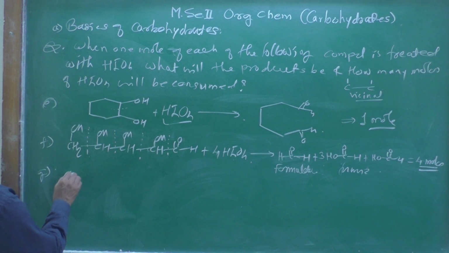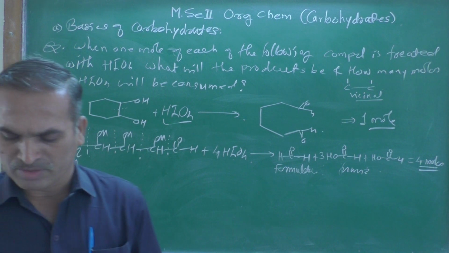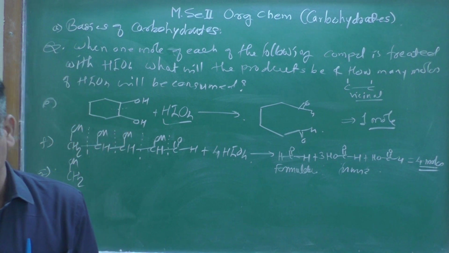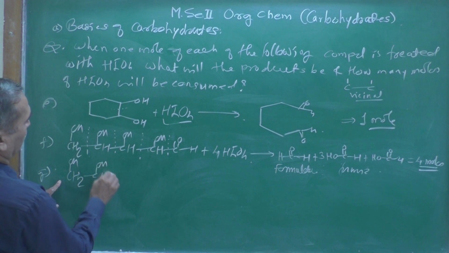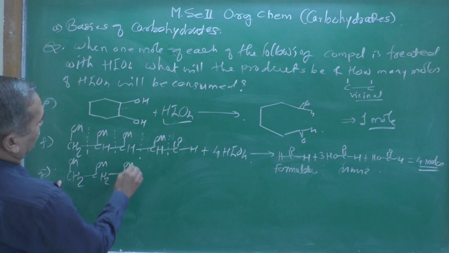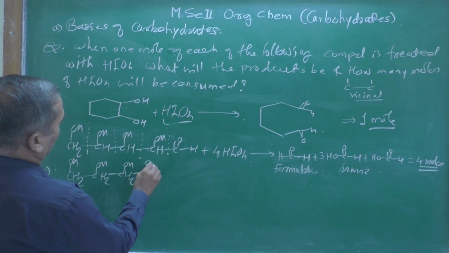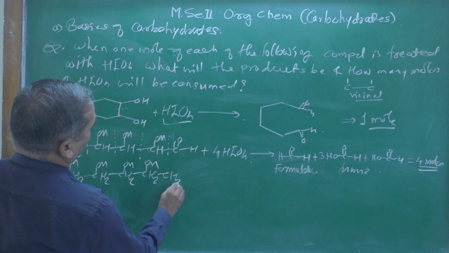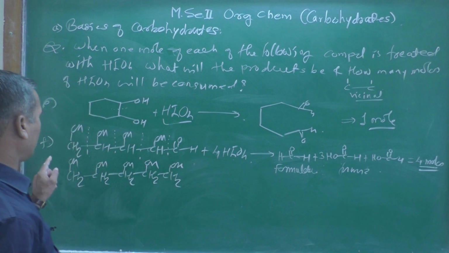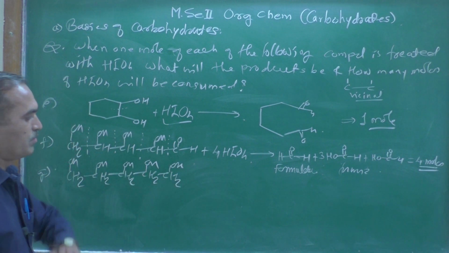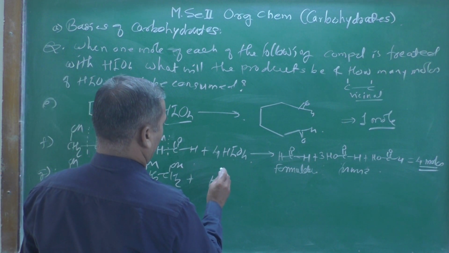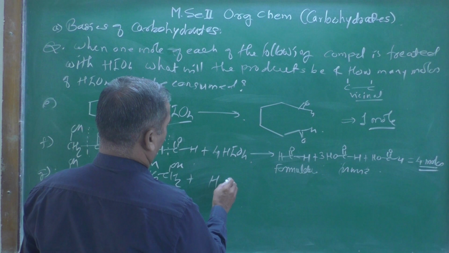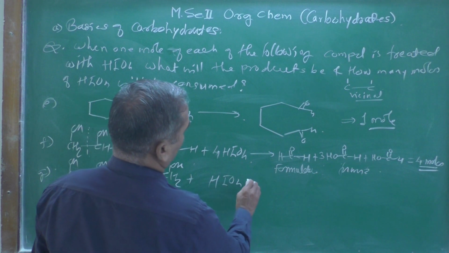Here I am writing again CH2OH, then 1, 2, 3, 4 and 5: CH2OH, CH2OH, CH2OH, CH2 and another OH. Then you have to find out how many moles of periodic acid get consumed here.